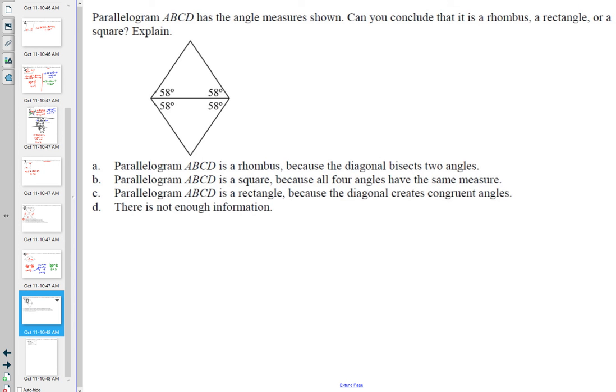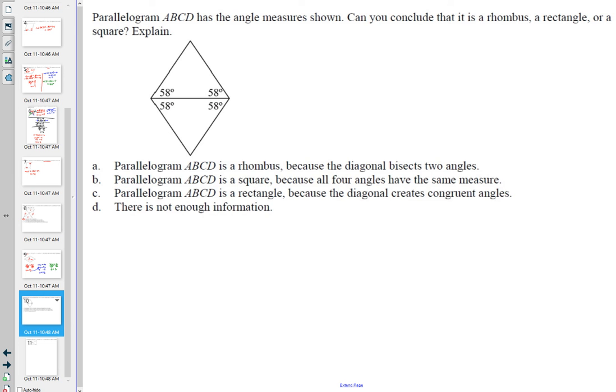Parallelogram ABCD has angle measures as shown. Can you conclude that it is a rhombus, a rectangle, or a square? All right.